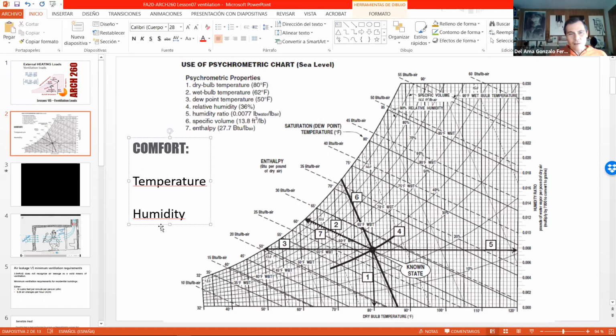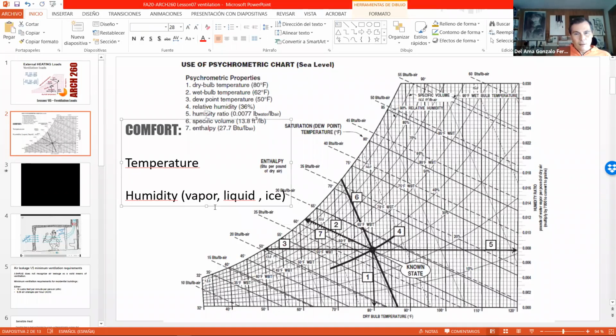Okay, so when we are talking about humidity, we are talking about vapor, we are talking about liquid, and we are talking about solid, water, ice. Okay, so for sure we can see water, actual water, and we can see ice, but we don't see vapor.